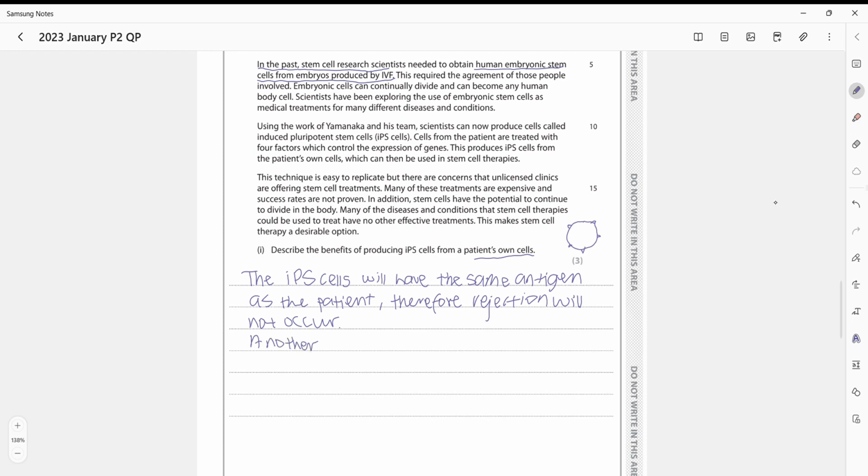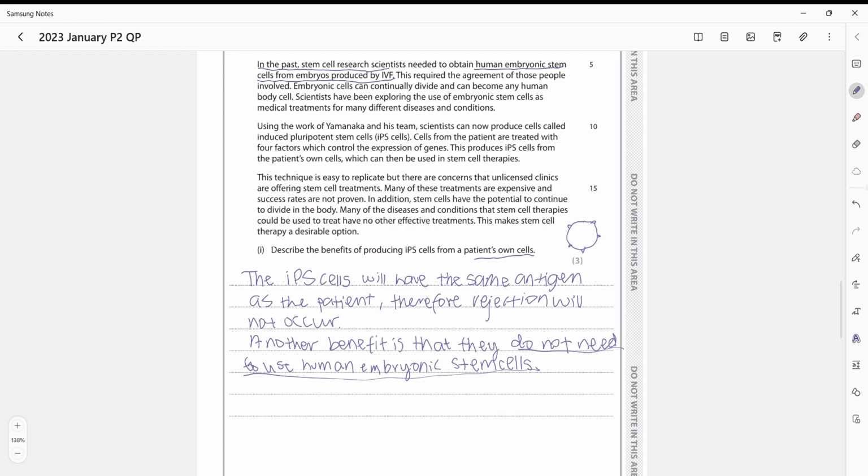So another benefit: do not need to use human embryonic stem cells. Okay, so one mark is not needing the human embryonic stem cells.